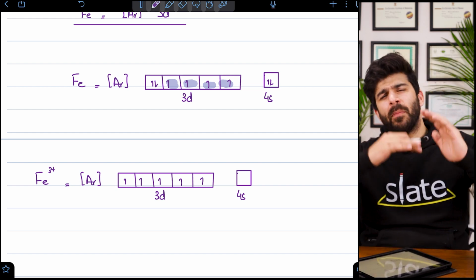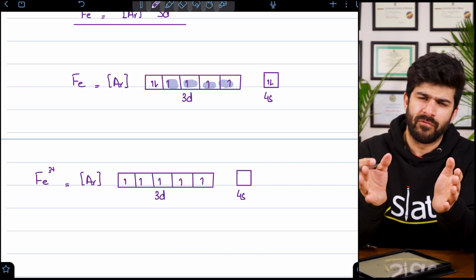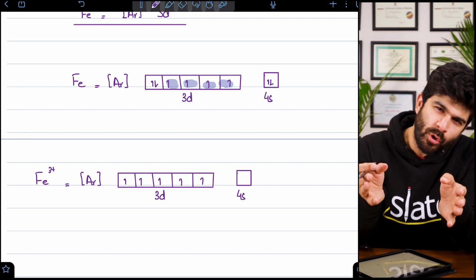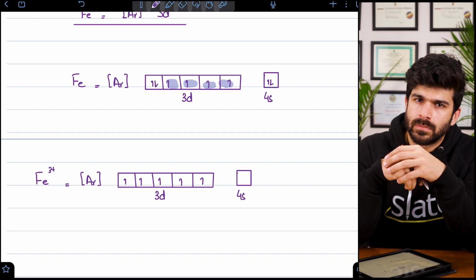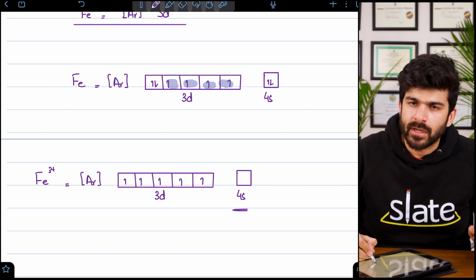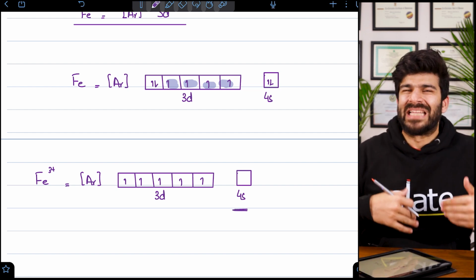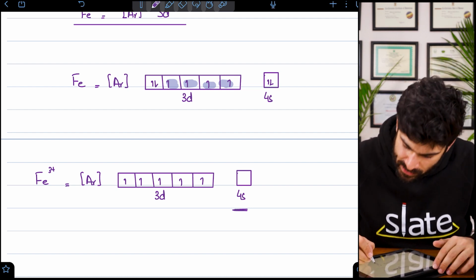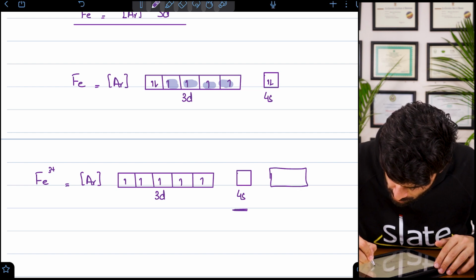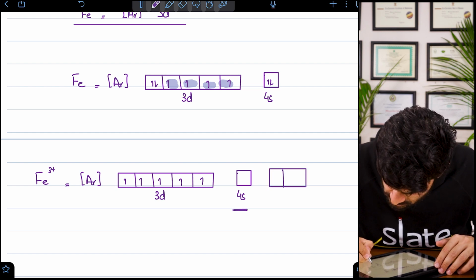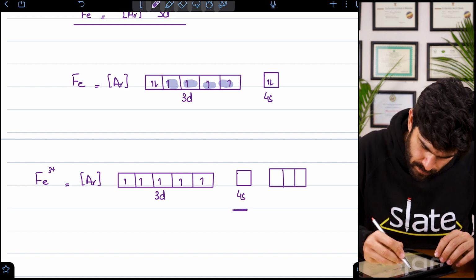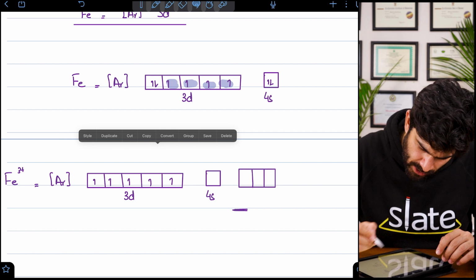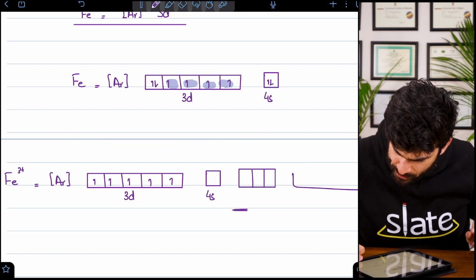But now that we have jumped up into the 4th shell, 4th energy level, we have vacant 4p and 4d subshells. Since 4 is there, we just remove the electrons. That means the 4th energy level is there, but with empty p orbitals and furthermore empty d orbitals.